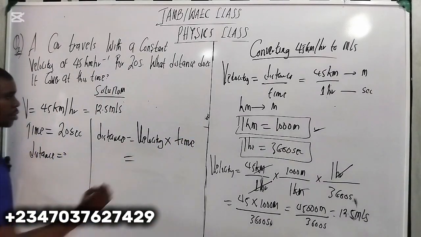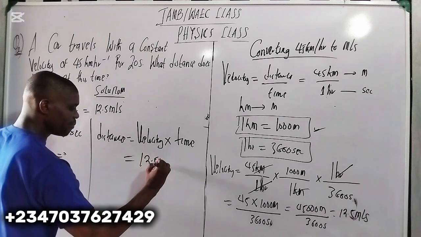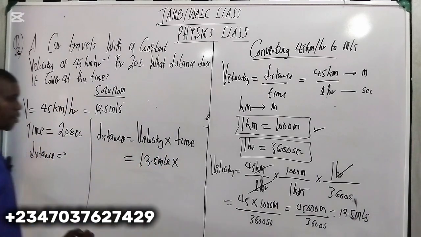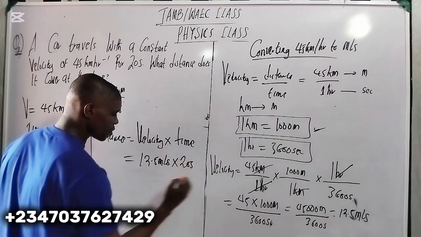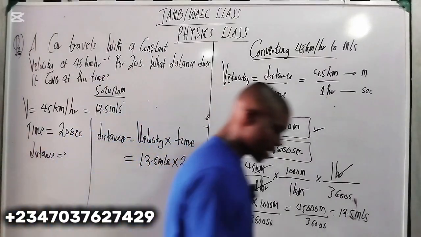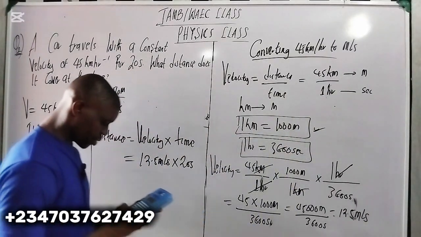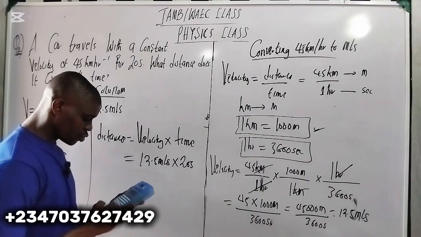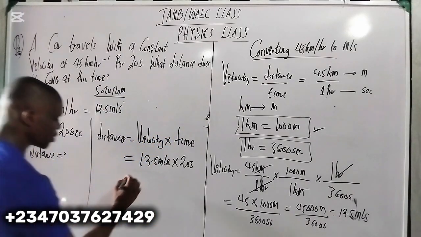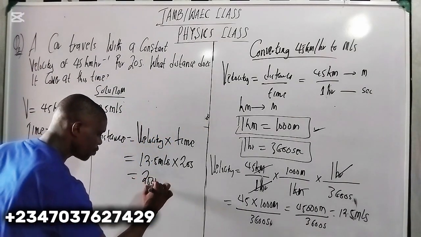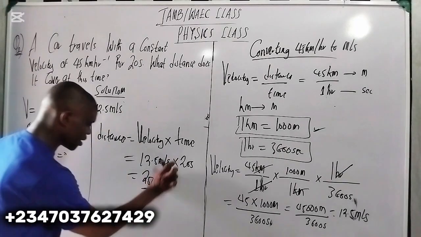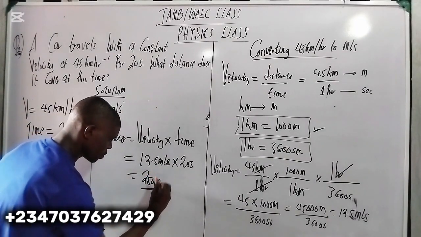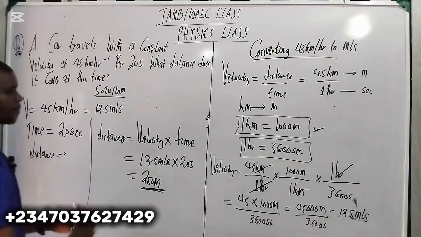So it's now going to be 12.5 meter per second times my time, which is 20 seconds. So let's use our calculator. 12.5 times 20 is 250. So the answer is 250 meter. That is it, 250 meter.